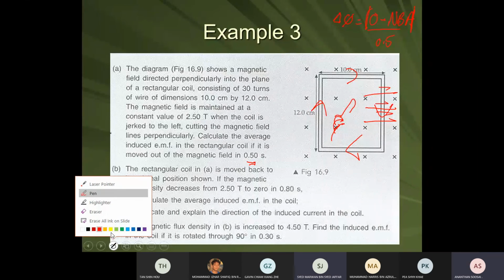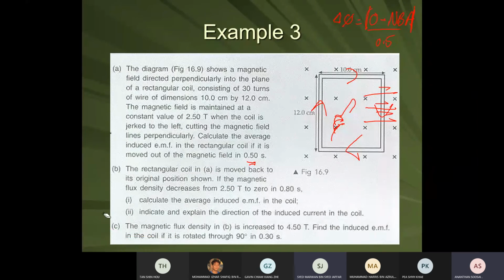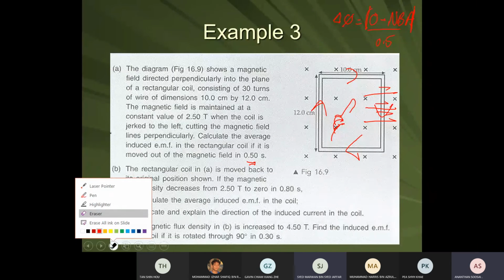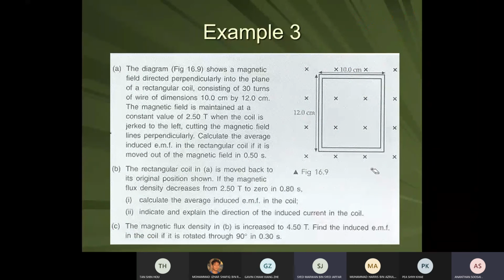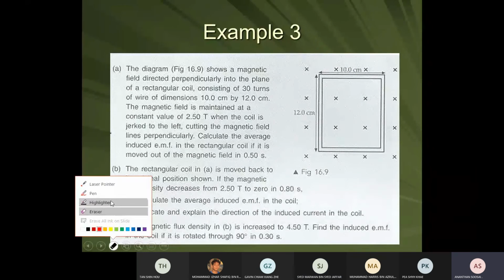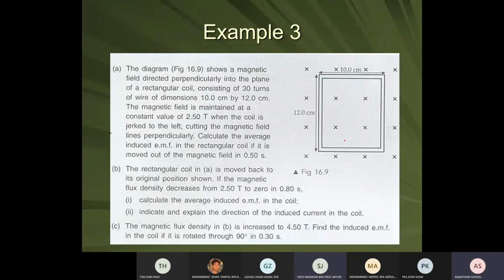Okay, how do you do this? The magnetic field, which is strong at 2.5, drops to 0.